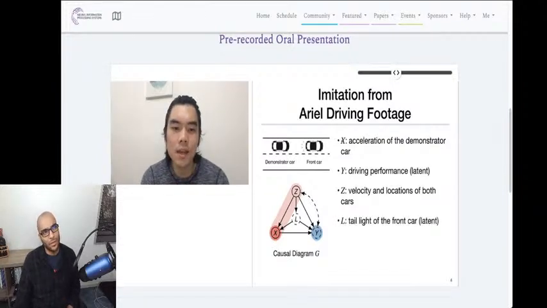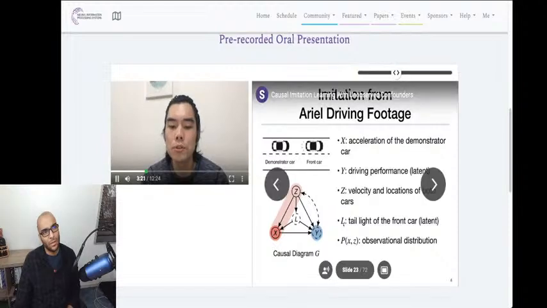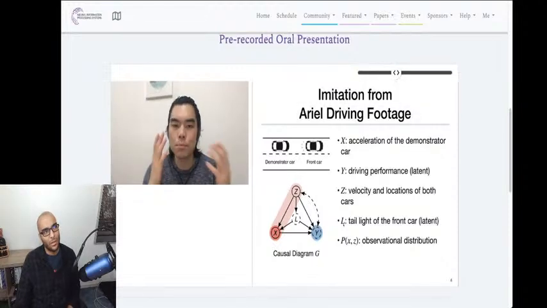And in this case, the demonstrator decides whether to accelerate or decelerate based on values of covariance z and the tail light L of the front car. Since the drone footage does not record the tail light information, the observational distribution from the learner's perspective is summarized as a joint distribution P of x, z.